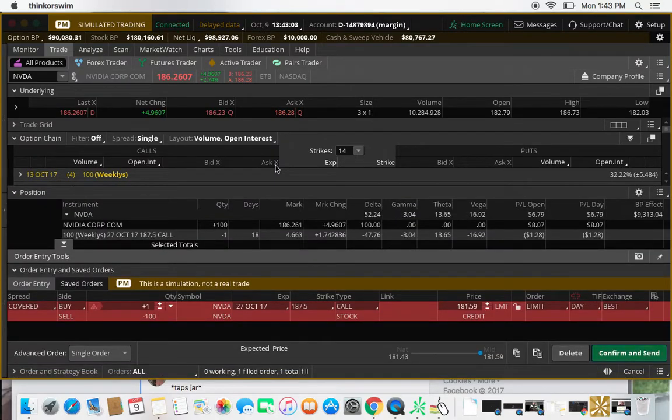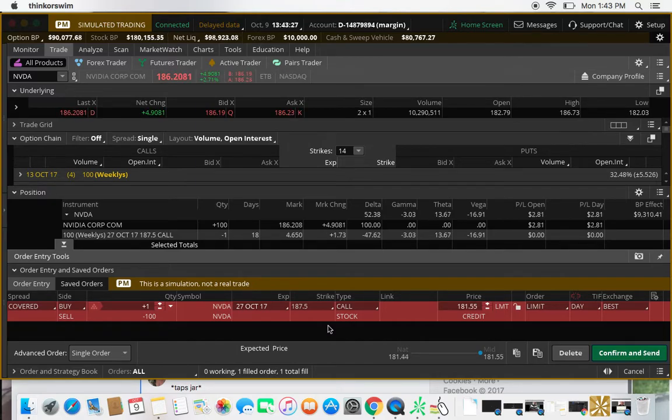Sure. Okay, and so this is the big fancy explanation of what's going on? What am I looking at? This is a lot. You have to sell for $181.57.